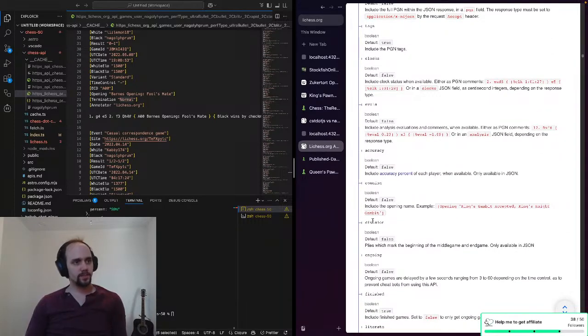Yeah, division. Plies which mark the beginning of the middle and end game, only available in JSON.